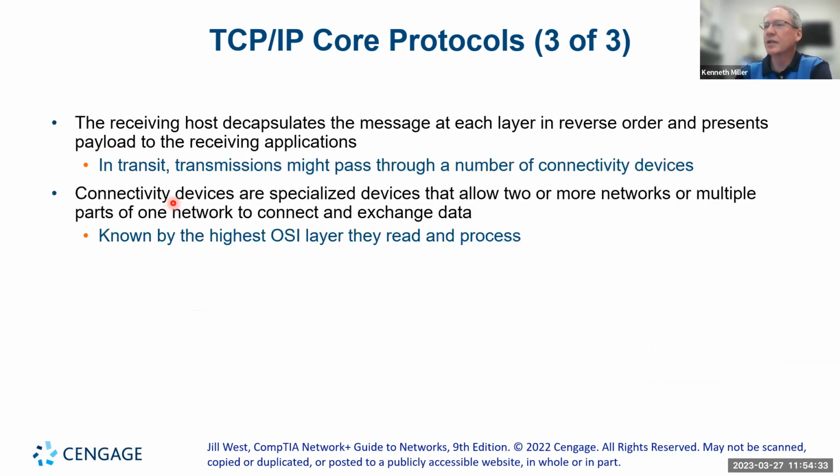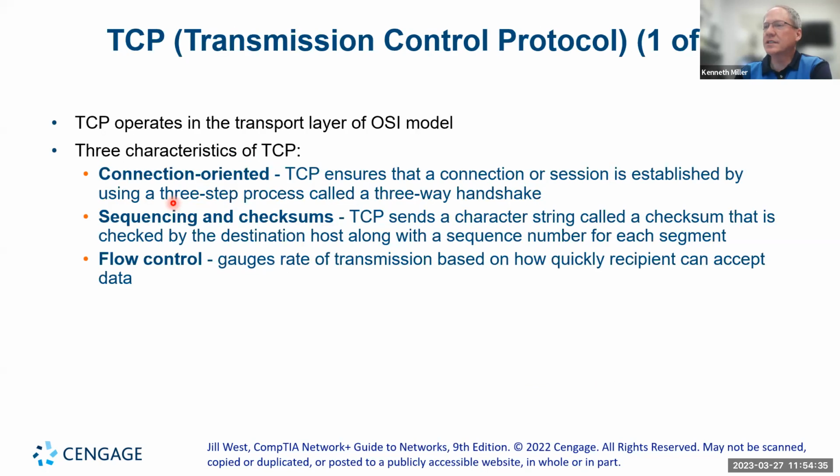TCP, as you could probably guess, the Transmission Control Protocol, operates in the transport layer, which is layer 4. TCP is connection oriented, which means it will perform a 3-way handshake. That 3-way handshake establishes a formal communication channel between the sender and the receiver.